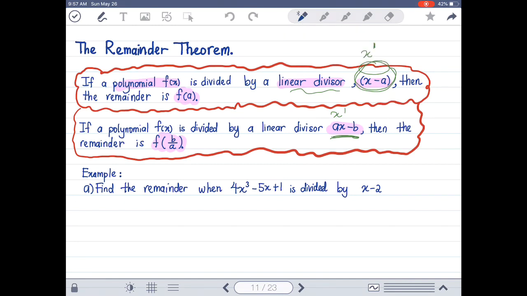Alright, let us have a look at how to apply the remainder theorem. Again, remainder is just baki. Kalau dalam bahasa Melayu tu baki lah. Okay. So we have the remainder theorem. Example, find the remainder when 4x to the power of 3 minus 5x plus 1 is divided by x minus 2.